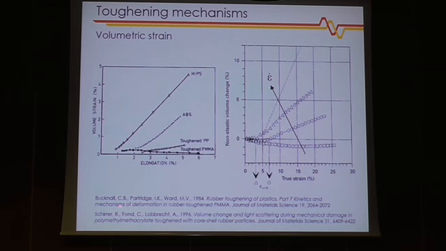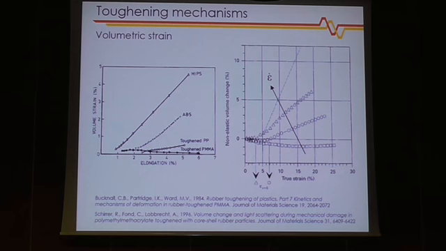And we can see that when the main mechanism changes from multiple crazing towards cavitation and shear yielding, we have a decrease of the slope of these volumetric versus linear strain curves. And this can be due, as in the case of the first plot, to different material properties, or for the same material, for example, for different strain rates.